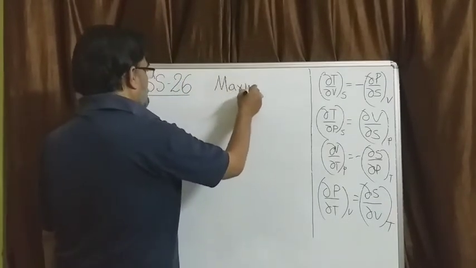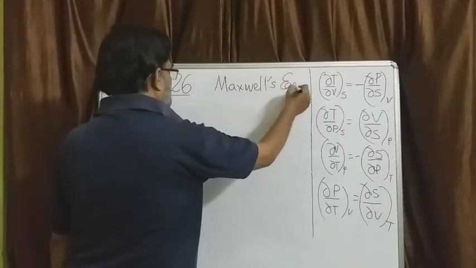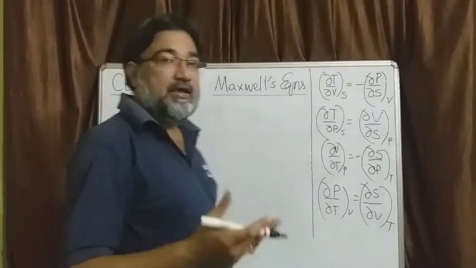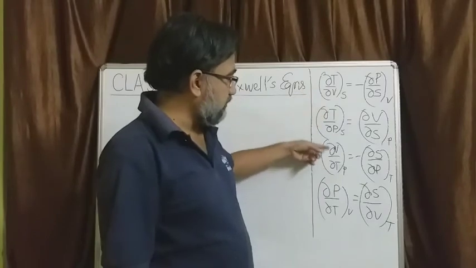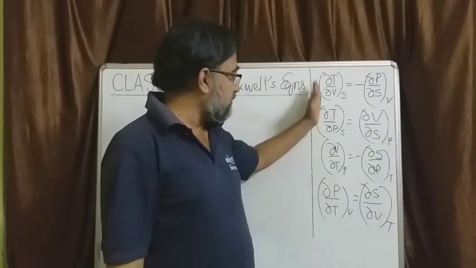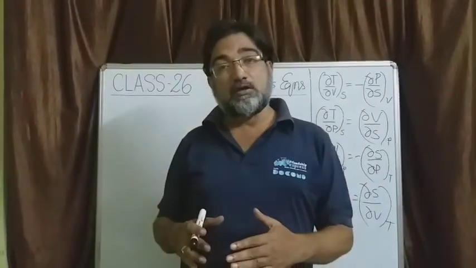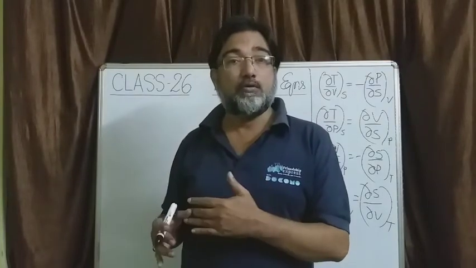Maxwell's equations are a set of equations comprising the first, second, third and fourth equation. These relationships are very important in deriving the other complicated relationships that we will now enter into. Clear?